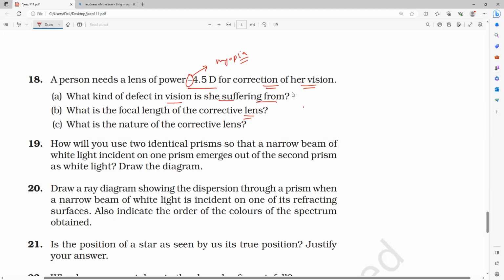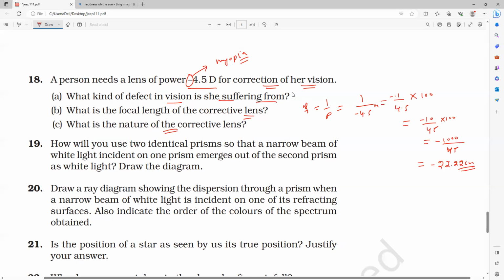Focal length is equal to 1 by power, so 1 by minus 4.5. In meters actually it is, so I will say minus 100 by 4.5, which is minus 1000 divided by 45. So the answer is minus 22.22 centimeters. That is the focal length.